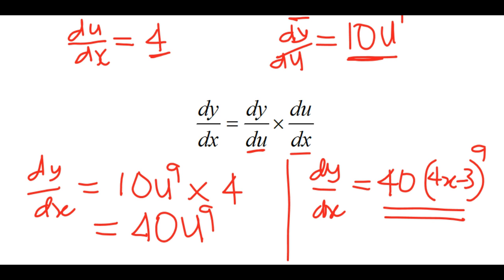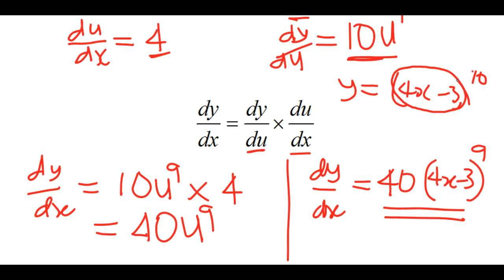What this means also is that the function given to us, we initially had as (4x minus 3) to the power 10. We can hold this as a function and differentiate it totally. If you differentiate, 10 will multiply the whole function, which will give you 10 times (4x minus 3) to the power 9.